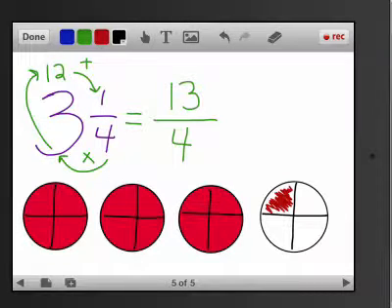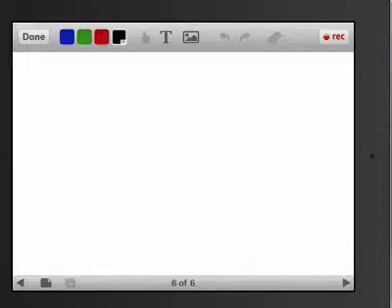Let's see if I have 13 sections filled in. 1, 2, 3, 4, 5, 6, 7, 8, 9, 10, 11, 12, 13. So 3 1/4 is equal to 13/4. Let's take a look at another one.